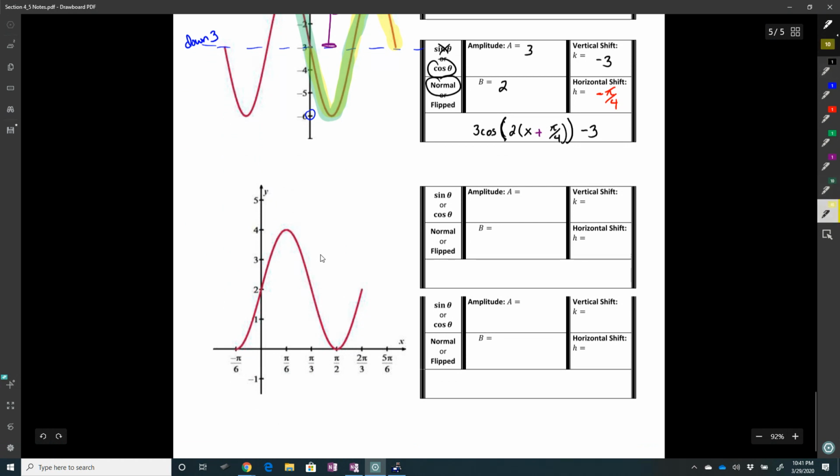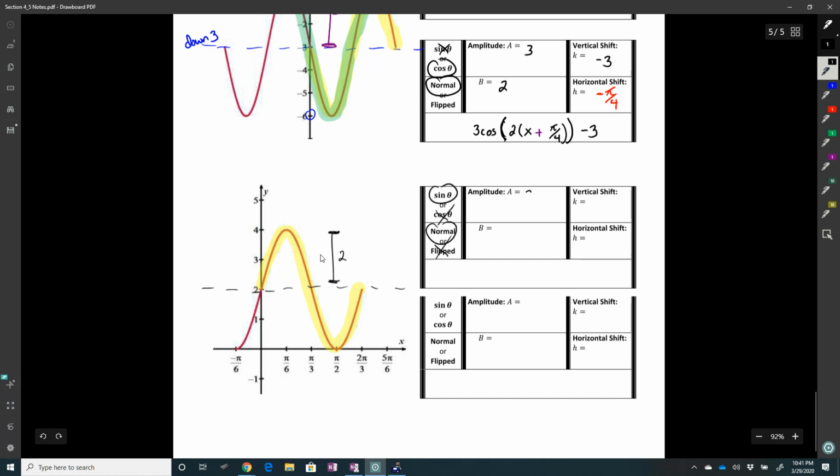The easiest one I see right now is the sine wave. It starts right at 0. It's a regular sine wave. The amplitude right through the middle is 2. And you can see that from the top to the middle is 2.